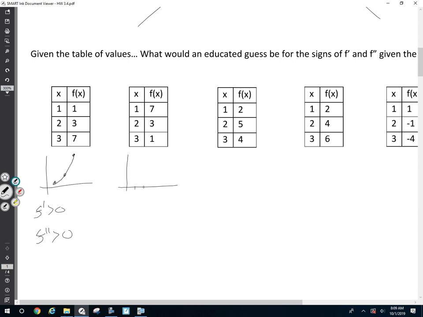Like if we're not spaced out correctly, you might not see what we should be seeing. 7, 3, 1. We should be decreasing at an increasing rate. So that means I'm decreasing, my first derivative is negative, but at an increasing rate means my slopes are getting less negative, trending towards 0, which means they're increasing, or we're concave up.